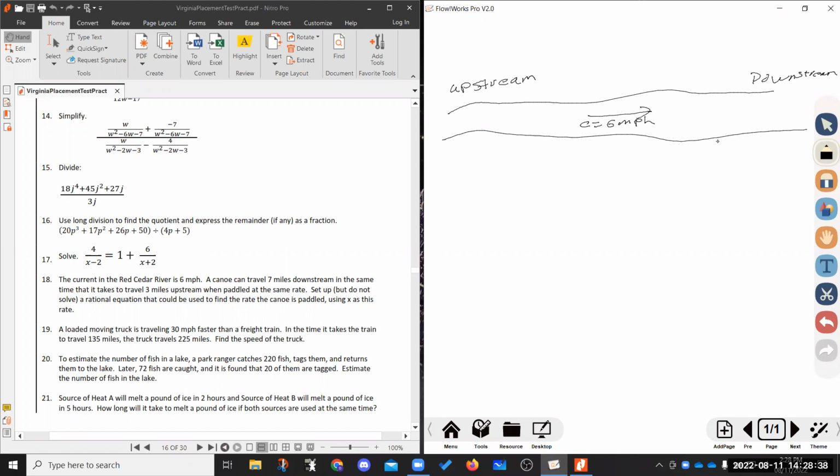A canoe can travel 7 miles an hour downstream. Downstream is with the current, upstream is going to be against the current.